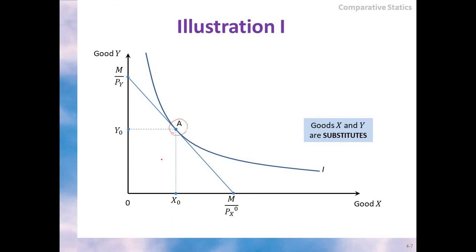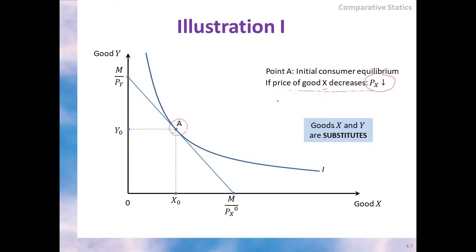Remember, X and Y are the quantities of those goods. So let's say that point A is the initial consumer equilibrium. And what happens if the price of good X decreases? We have looked in part 1, if the price of good X falls, it means that good X becomes cheaper, and we should be able to consume more of good X.